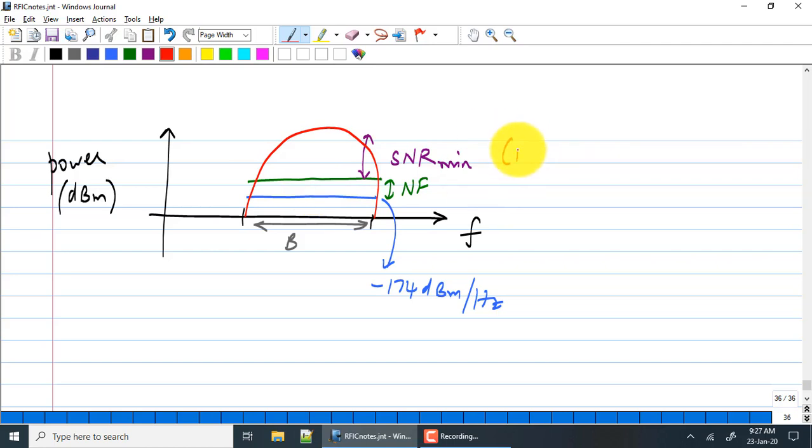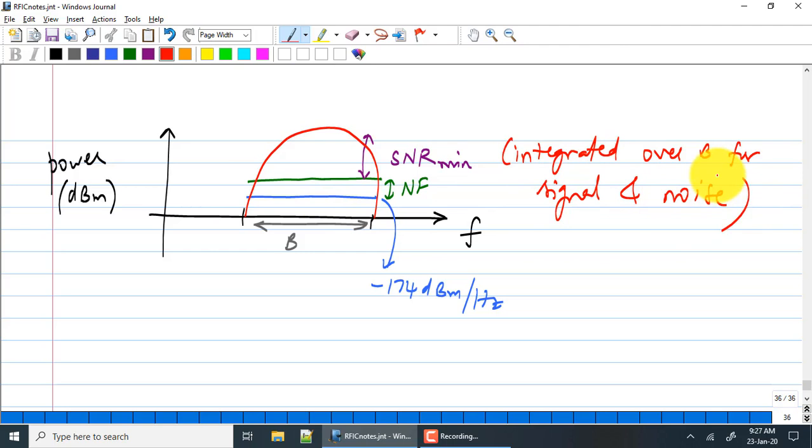If your signal power spectral density was also flat, which is very common among many newer modulation schemes, you may be just able to look at the spot density values, and then just make an estimate whether you're meeting SNR or not.